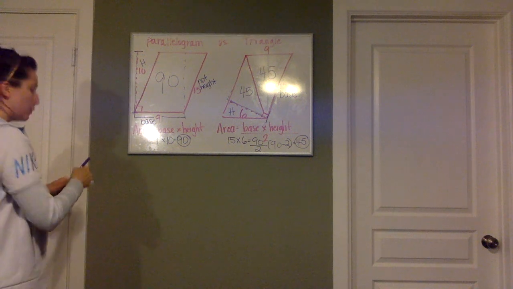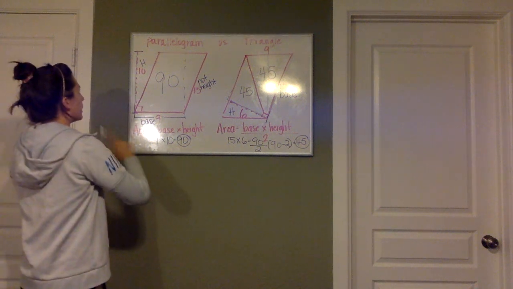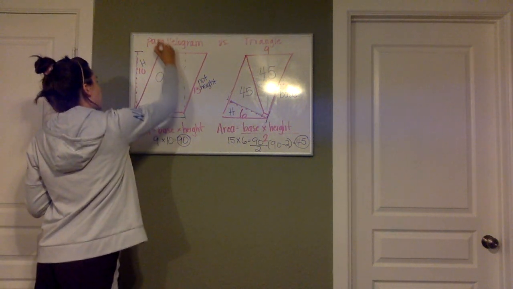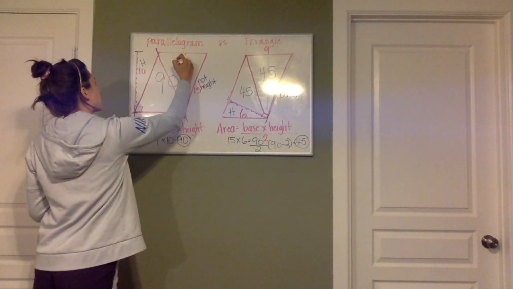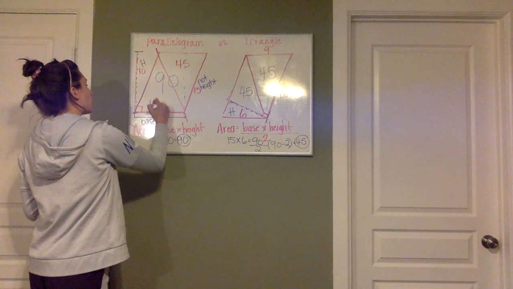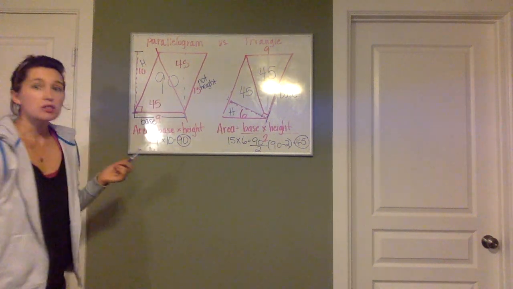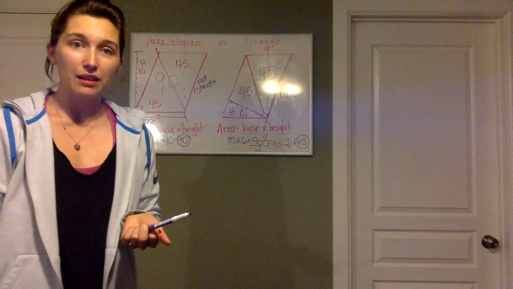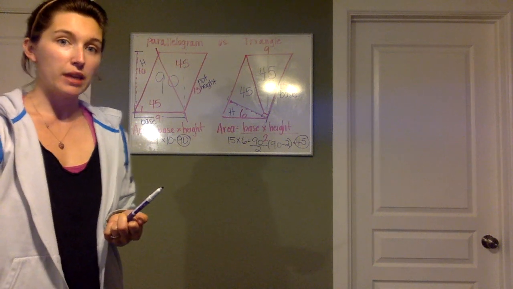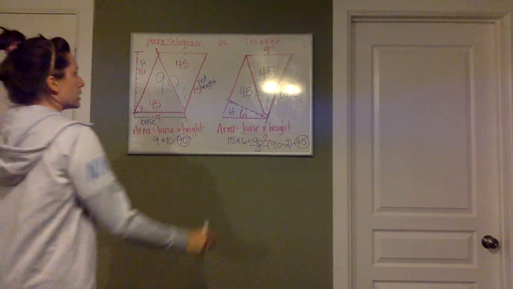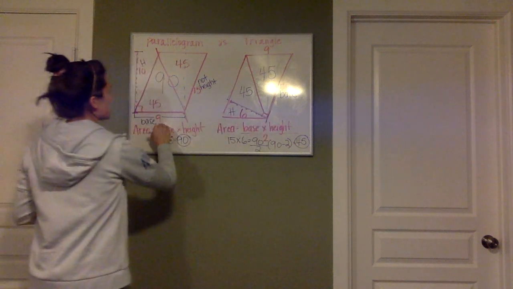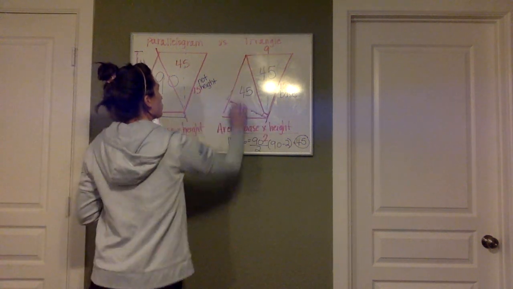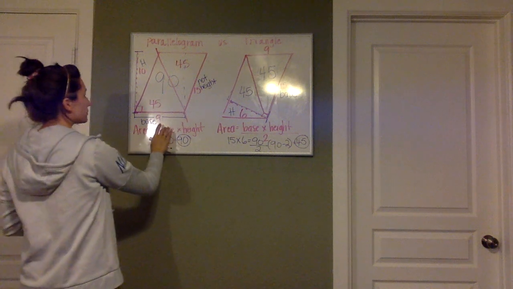Just like here, if I wanted to, I could cut this parallelogram in half, and that would make this piece 45 and this piece 45. So these two figures are actually related, based on the values we've been given. You can even see that here. This side and this side both match 15. This base is 9, which means these two bases would be 9.